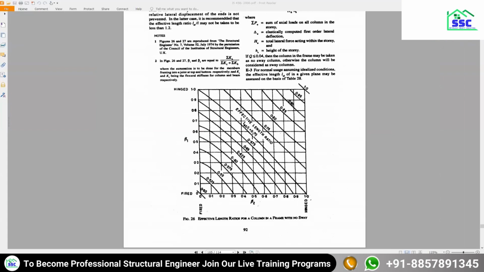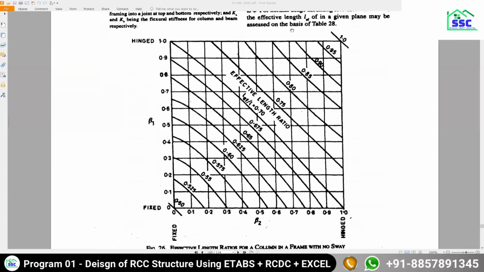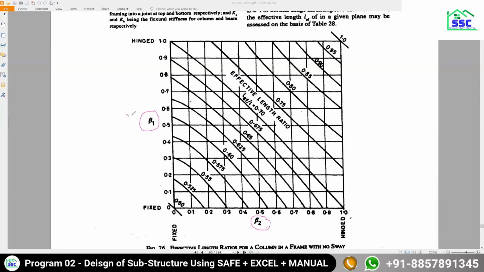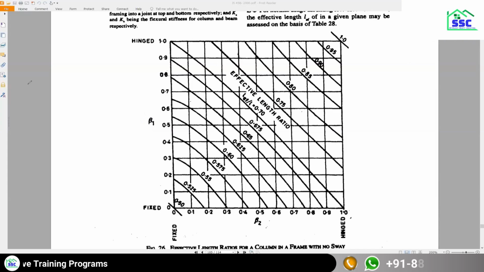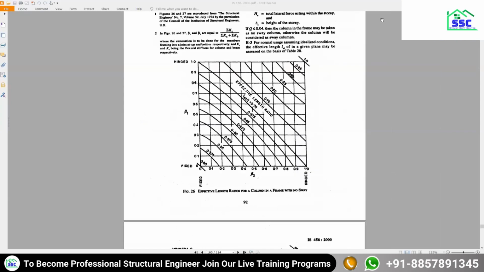Now let us see what these graphs are. Basically, we have one factor called beta 1 along the y-axis and one factor called beta 2 along the x-axis. Using these two factors, beta 1 and beta 2, we can find the effective length of our column. We can come from here and here and we will get the value of the effective length factor K. Now, in this Annexure E, there are two figures.